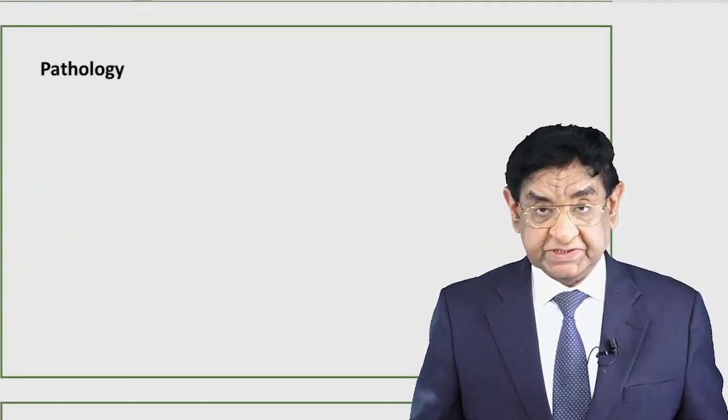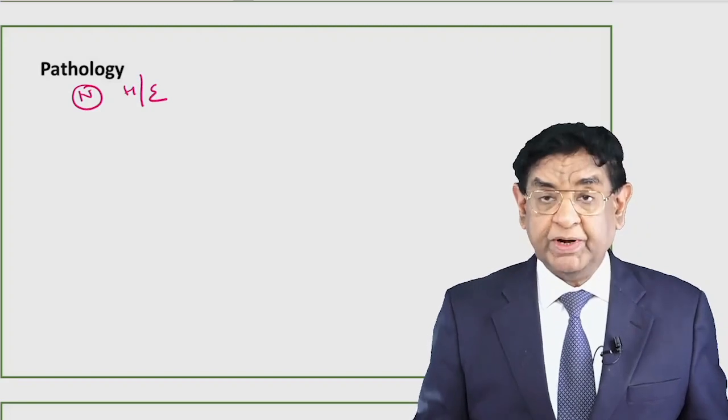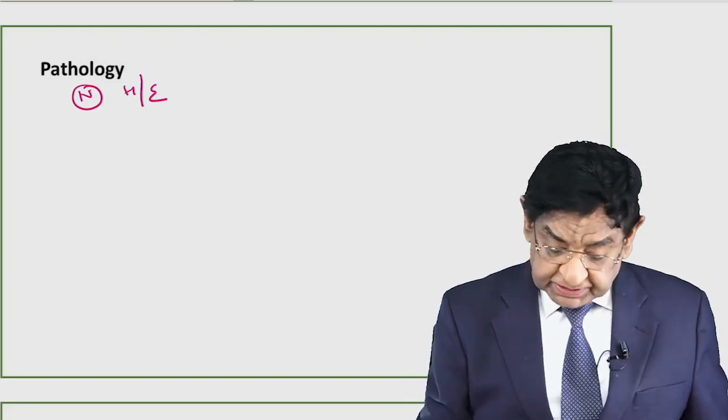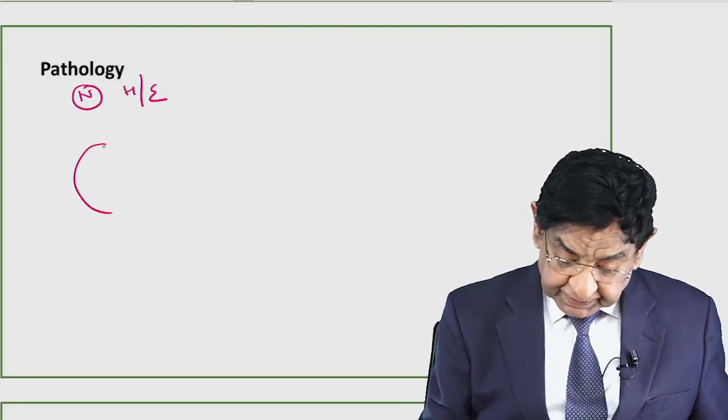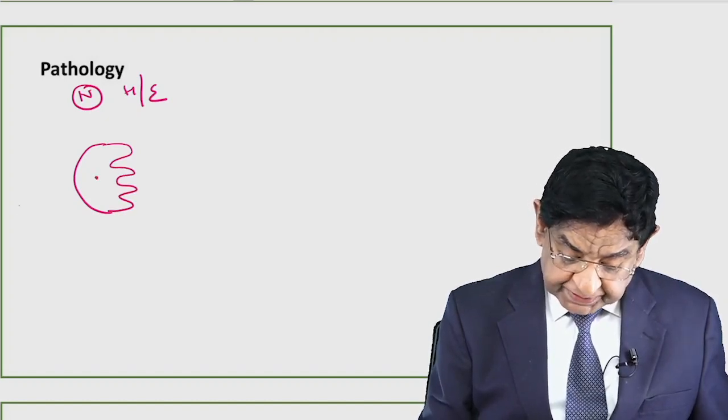Now let's learn the basic pathology of this disease. Before I discuss the pathology, let's learn the normal histology. In the normal histological examination of the glomerulus, this is the epithelial cell, and this is the foot process.